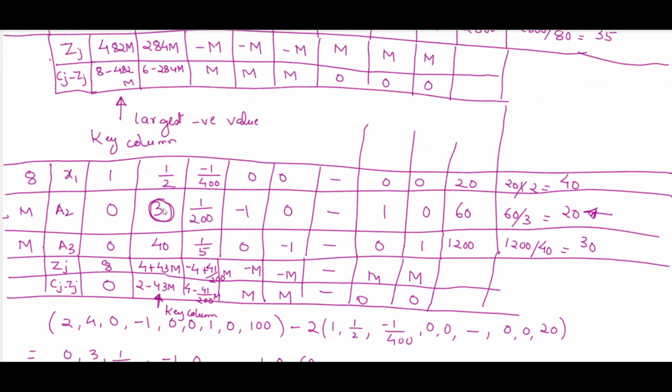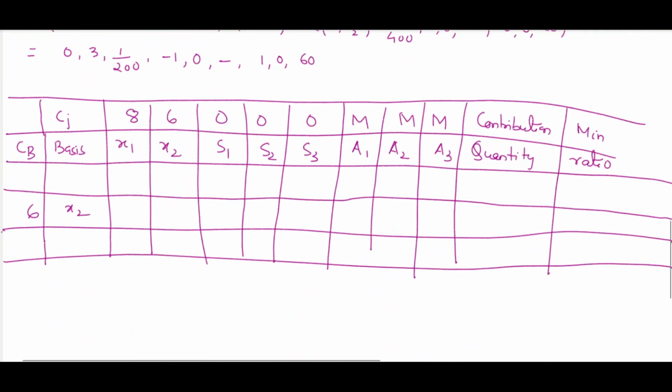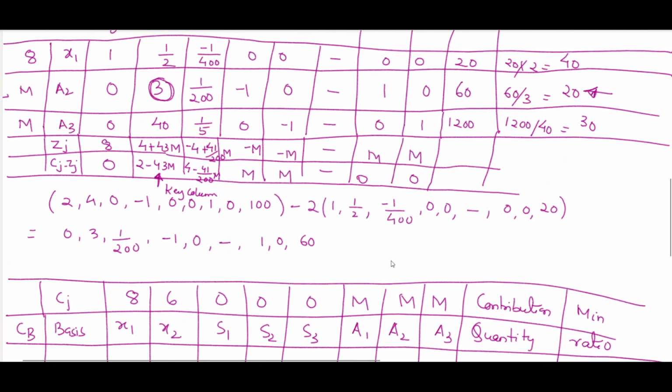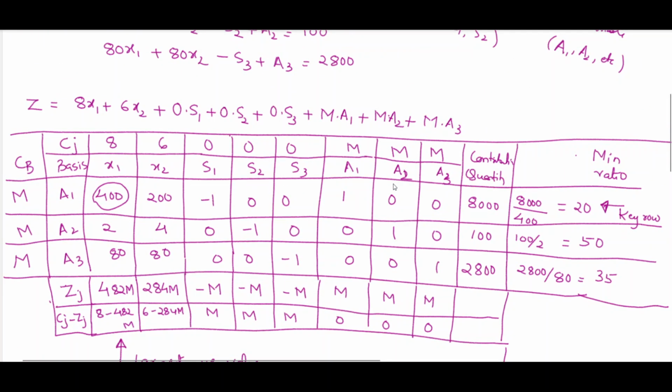0 by 3, it will be 1. 1 by 200 divided by 3 minus 1 by 3, 0. 0 by 3 dash 1 by 3, 0. 60 by 3. So if you do it like this, you will get 0 1 1 by 600 minus 1 by 3, 0 dash. And here, as in the previous problem, a1 was dash, and in this again now a2 will also be dash because a2 is the outgoing element.